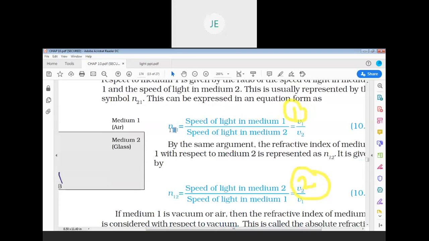The refractive index of 2 with respect to 1 is speed of light in medium 1 by speed of light in medium 2.